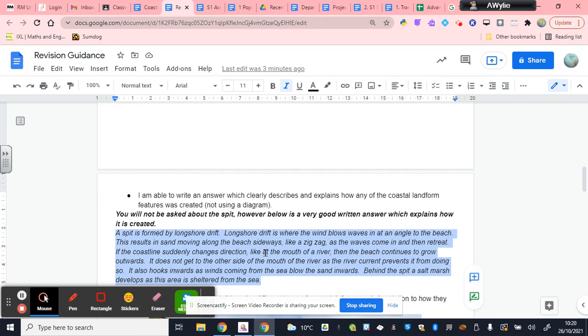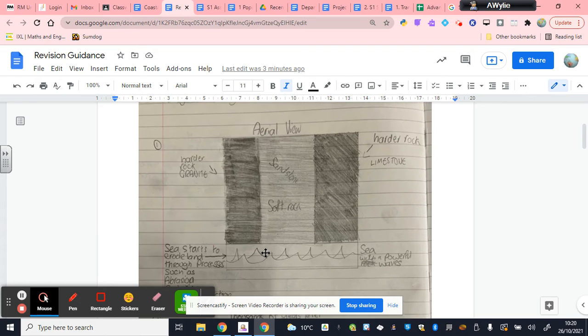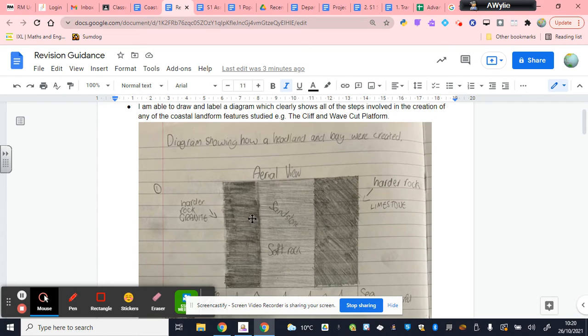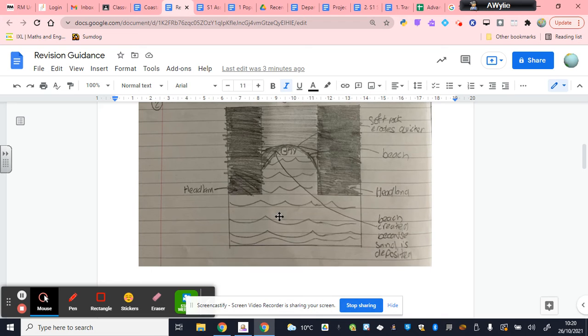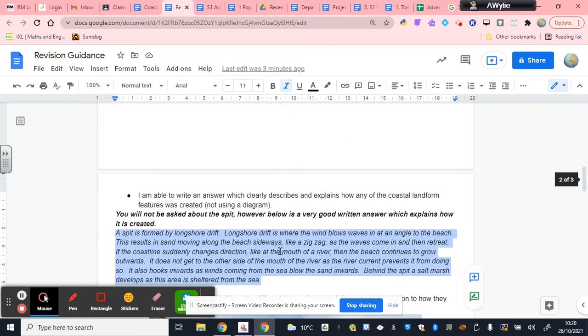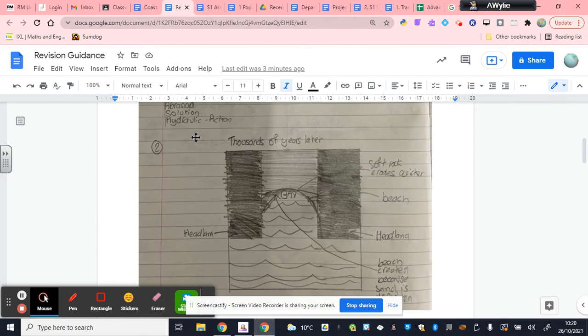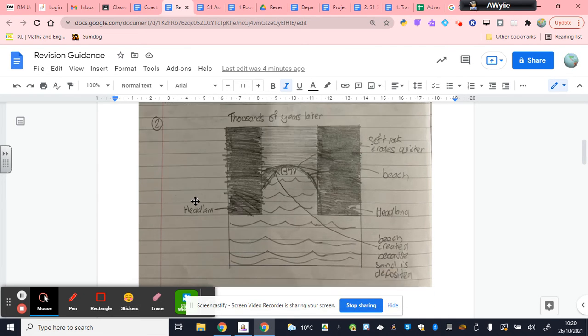So you are going to be asked to write an answer where you tell me the story. Basically, imagine you weren't allowed to draw a diagram, but you had to tell me everything that this diagram was showing. And that's what writing an answer would look like. The more details, once again, you put into your answer, the higher the mark you get. For example, if you're talking about hydraulic action, then you want to actually describe what it is.